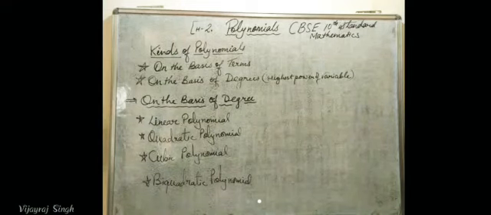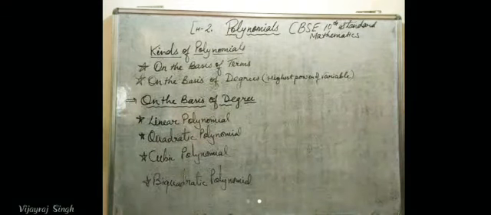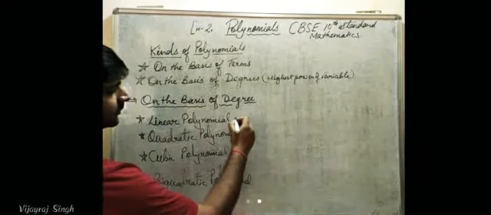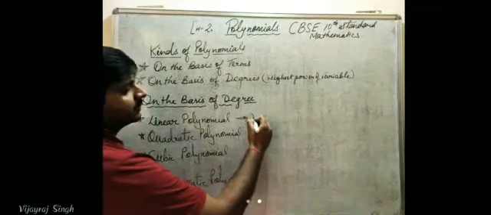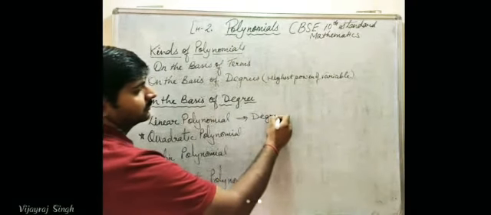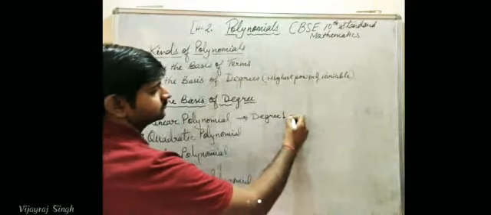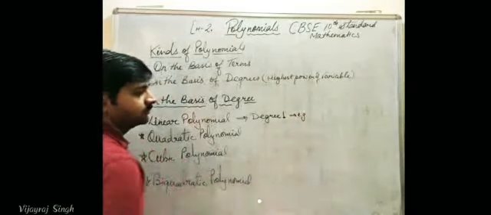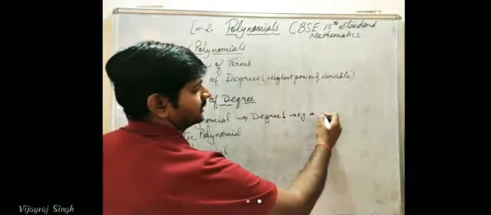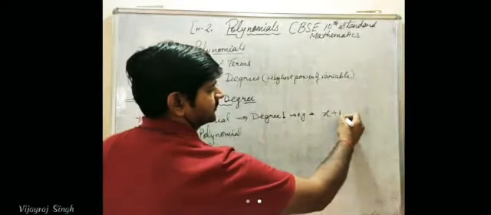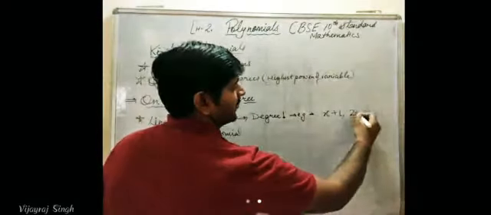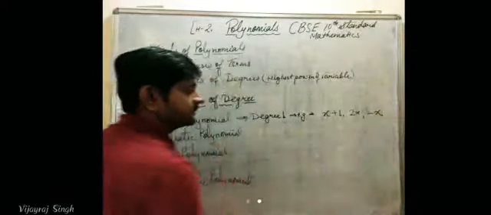Now we will discuss linear polynomials. If I talk about linear polynomial, this is for degree 1. For example, suppose an algebraic expression is written like x plus 1, only 2x, only minus x.